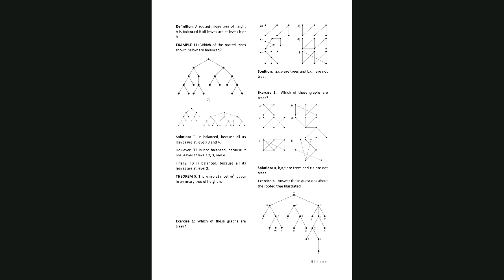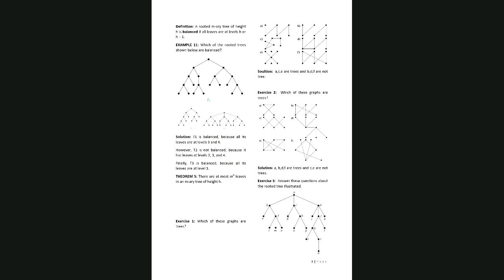What about C? In C, I color these, and the second color here. These are the two components, so this graph is not a tree. What about D? D is one part and there is no circuit, so this is a tree.